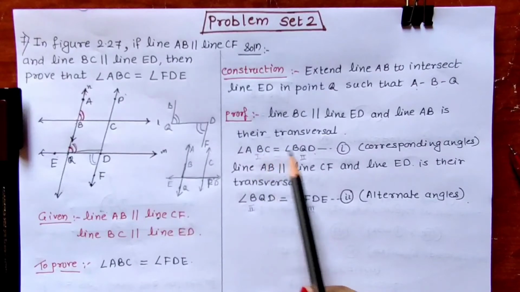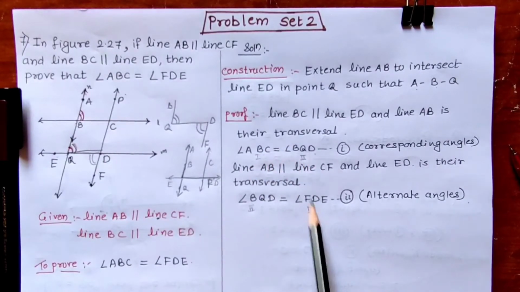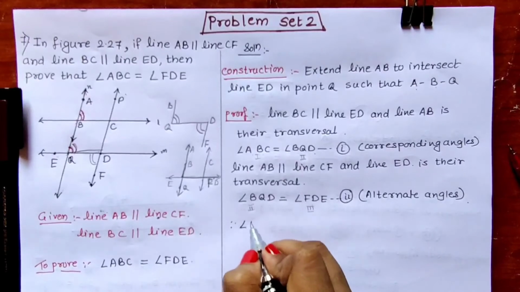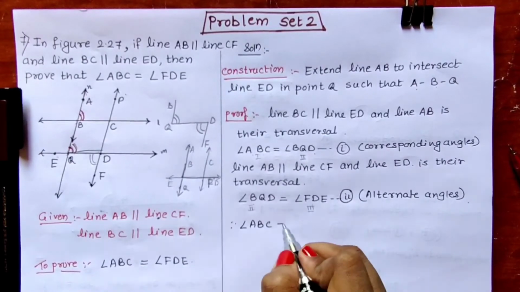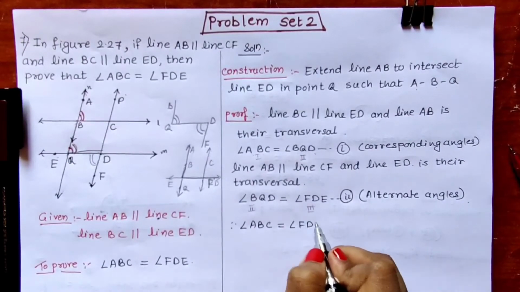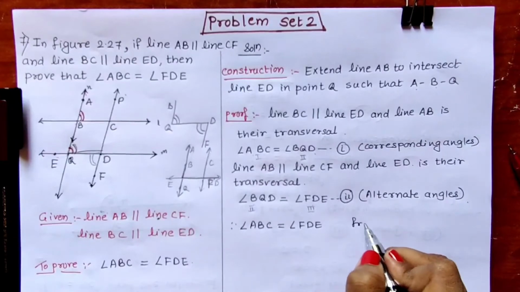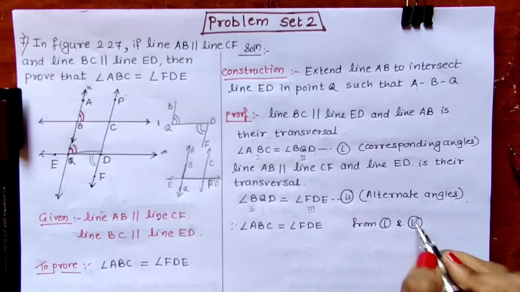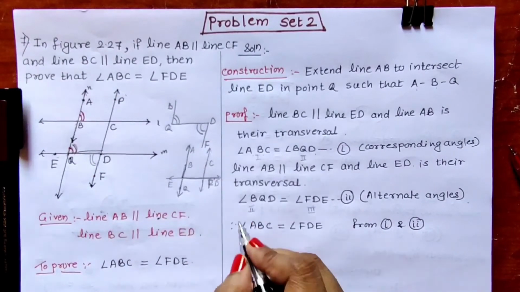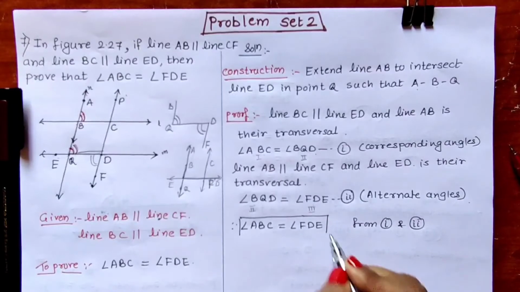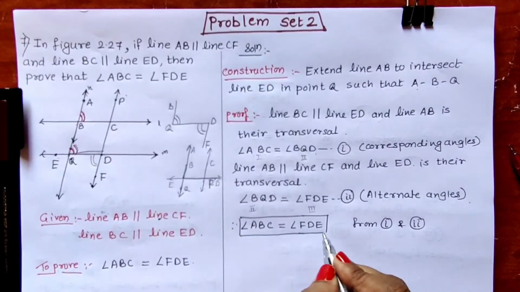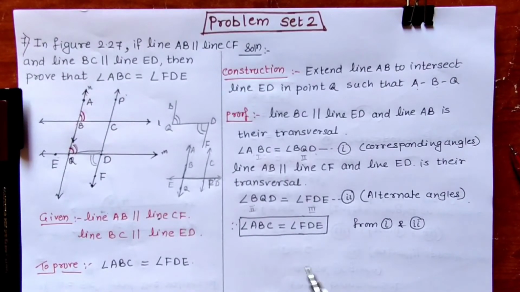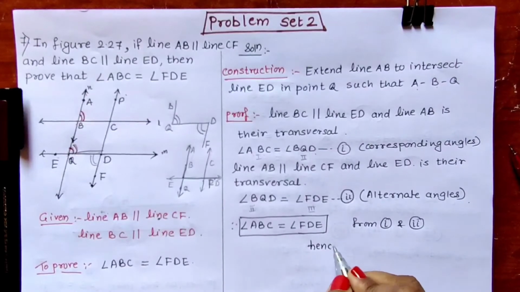When first is congruent with second and second is congruent with third, automatically first will become congruent with third. So from 1 and 2 we can write, therefore ABC is equal to FDE from 1 and 2. This is what we have to prove. So whatever we have to prove should be the last statement of that proof. Hence we have got the proof. Hence proved.